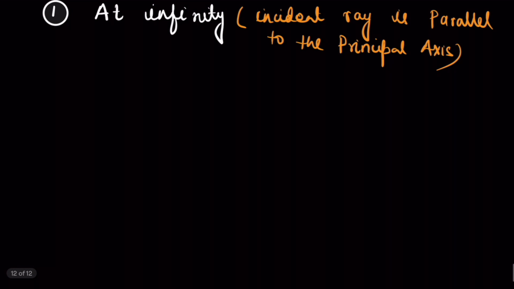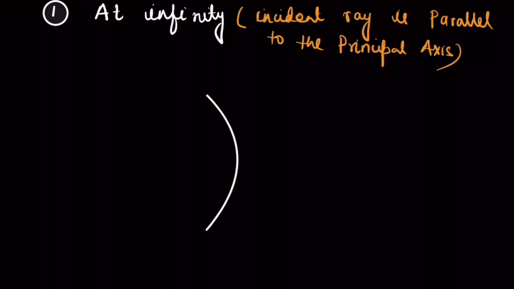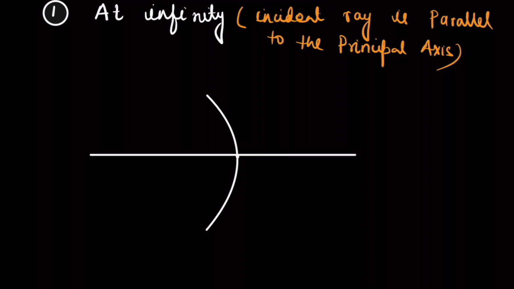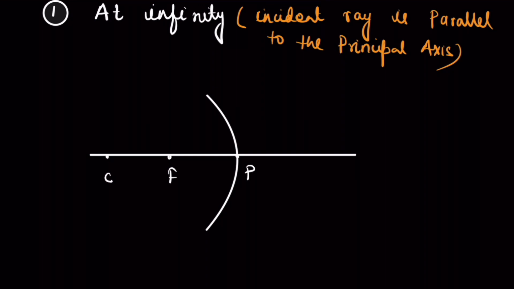Like here in the first one, at infinity, we draw a concave mirror. This is our principal axis. Here is the pole, focus, center of curvature. As I told, when the object is at infinity, we have to take the 2 incident rays, and at infinity, both the incident rays are parallel to the principal axis.